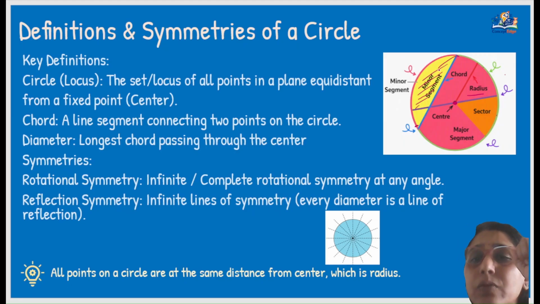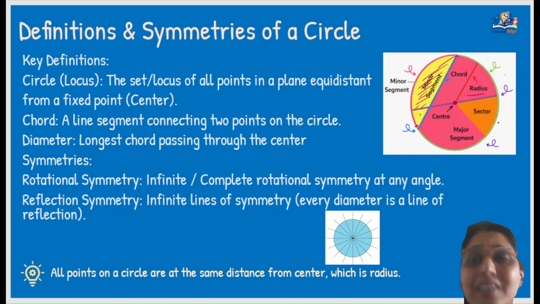Now consider the interior part of the circle cut by this chord. The smaller part is called the minor segment, and the remaining bigger part is called the major segment. Remember, for the diameter, the circle makes a semicircle. So that's a segment of the circle.